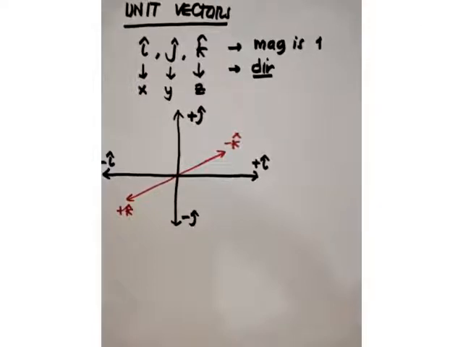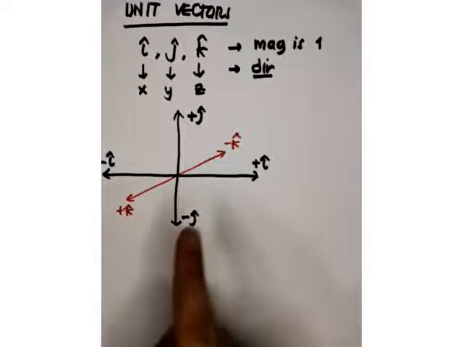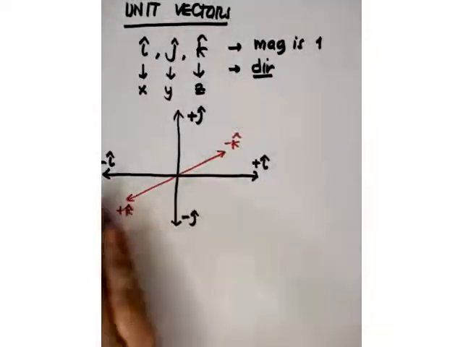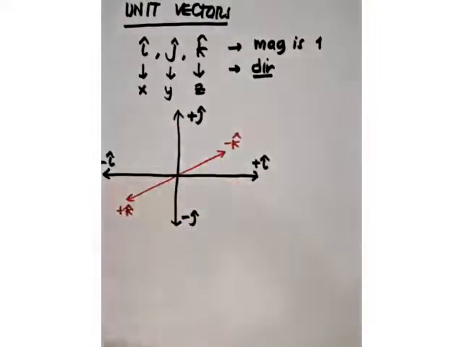Yes, John Darrell, truth. Pang three-dimensional. Yung K, yun yung pang third dimension, yung thickness. Okay? Yung I is for horizontal, J is for vertical, and K is for the thickness, or that's the third dimension, which is moving towards you or moving away from you.